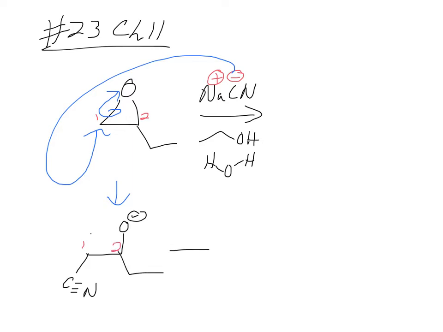And then, because we're in protic solvent, this oxygen is going to get protonated by one of the solvents. And we're going to end up with the final product, OH, CN. The biggest thing people will mess up, they'll lose this carbon along the way or lose that carbon along the way. That's what usually happens.